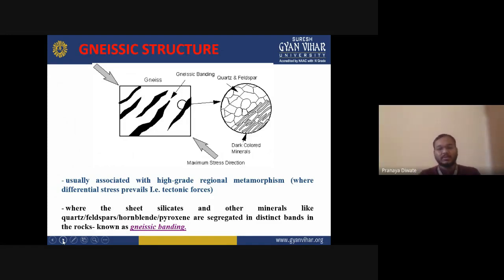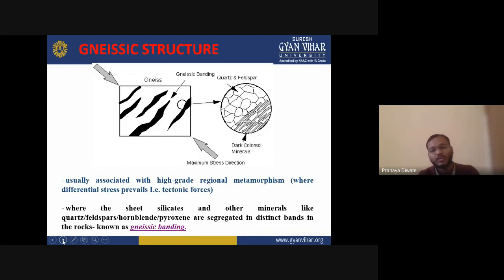In gneissic structure, you have alternate bands of dark and light minerals. So that is your gneissic structure, dark and light mineral alternate banding.